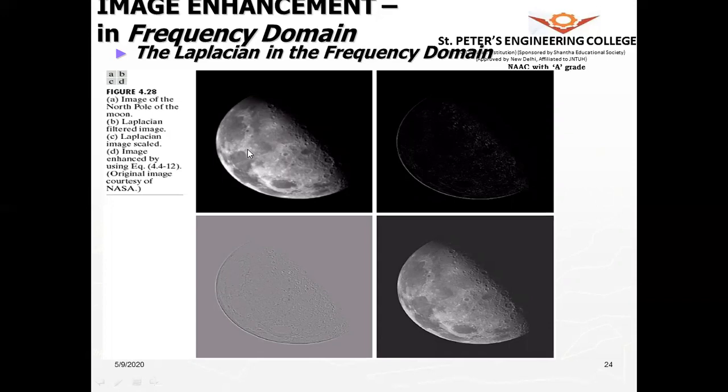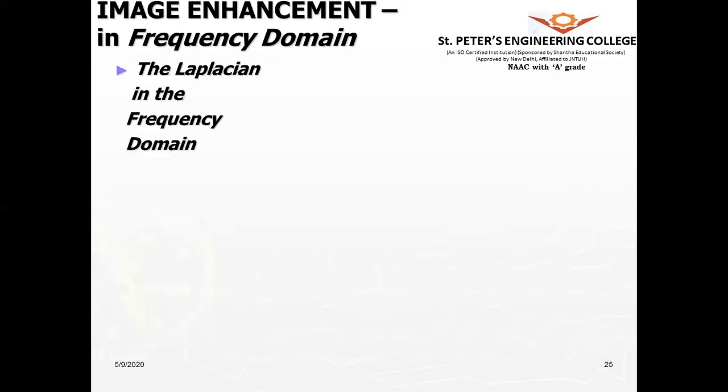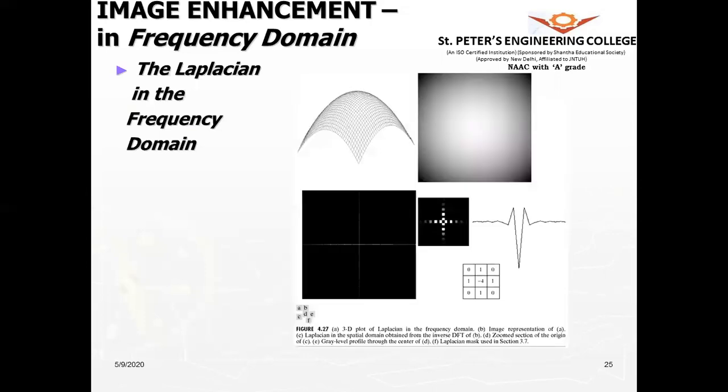So this is an image of the North Pole and the filtered image. This is the image enhanced. This is the Laplacian and this is the image enhanced. So the Laplacian in the frequency domain. So this is the plot of the frequency domain and the image representation.